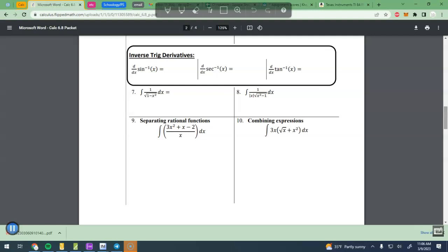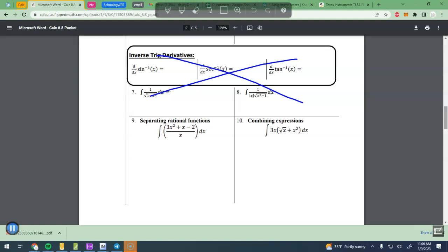Yeah. We're not going to worry about the inverse ones right now. We may not worry about them at all. They're very rarely on the AP test. So for right now, we're not going to worry about them. We may come back to them. We may not. But I do definitely want to show you this kind.